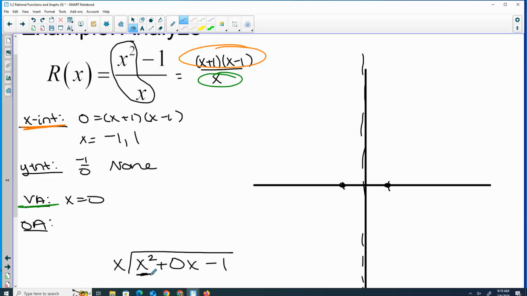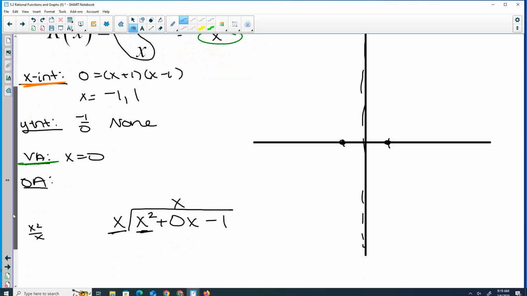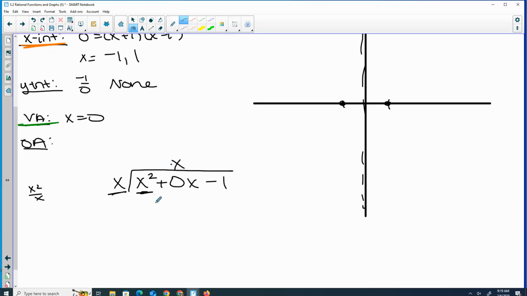So x squared divided by x gives me just an x. Then you multiply. X times x is x squared. Subtract that off. Those cancel. All I have next is a 0x. 0x divided by x is just 0. So it's just x plus 0. Or we could say y equals x.